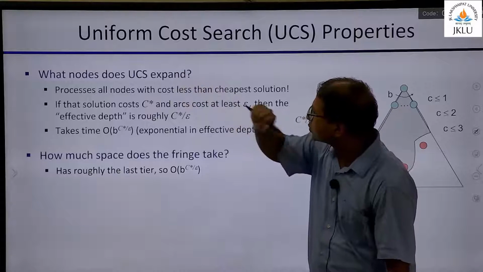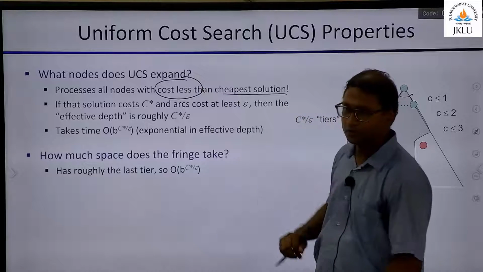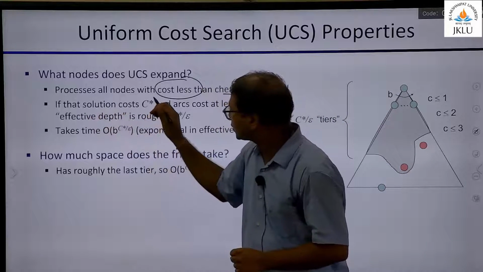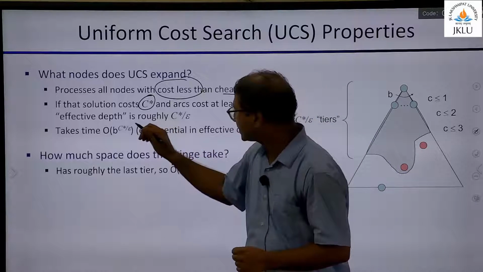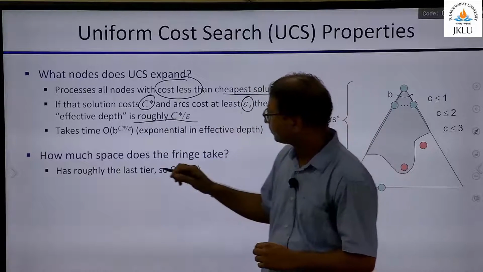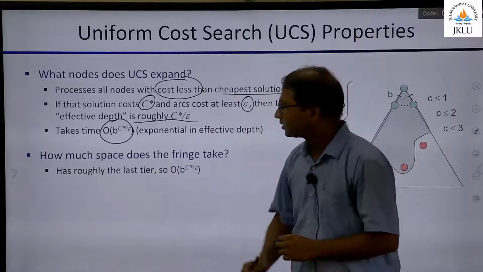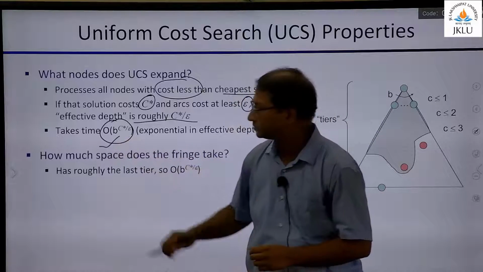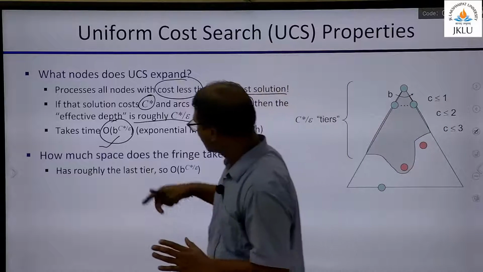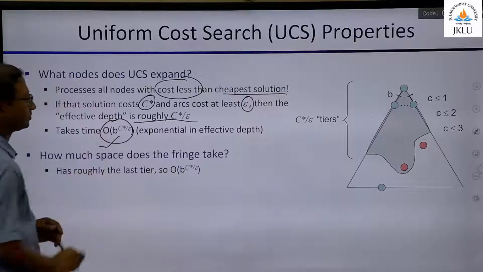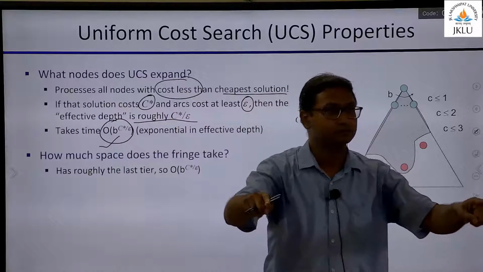What nodes does UCS expand? Process all nodes with cost less than the cheapest solution. If that solution costs C star and arcs cost at least epsilon, then the effective depth is roughly C star by epsilon. It takes time order B to the C star divided by epsilon. What does this tell you? Just this, leave the rest for now. It is still exponential in my depth, right?